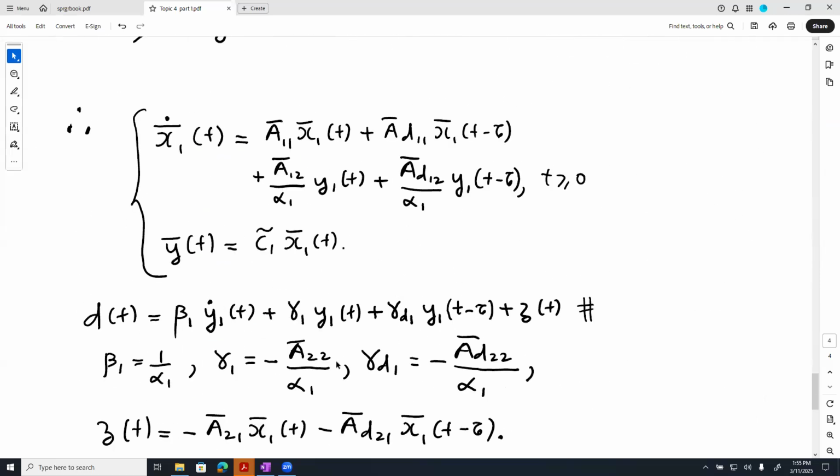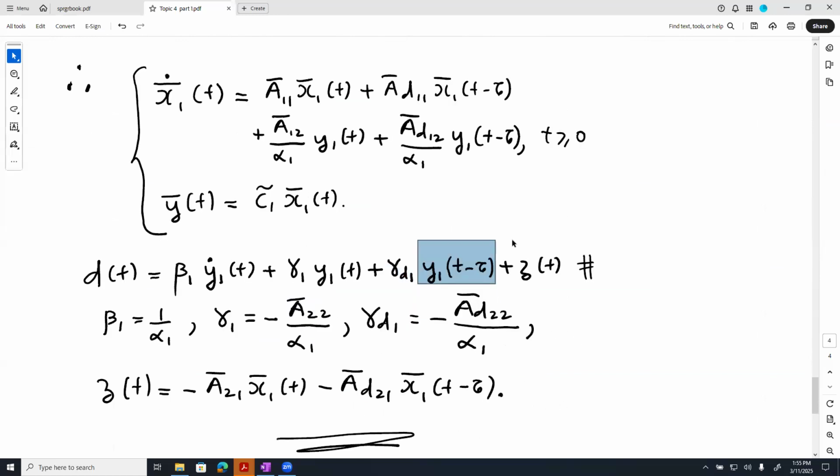And that's why we have this expression here. And similarly, we also have a delay measurement of output 1. And the key thing here is this linear functional, which is a generalized functional.